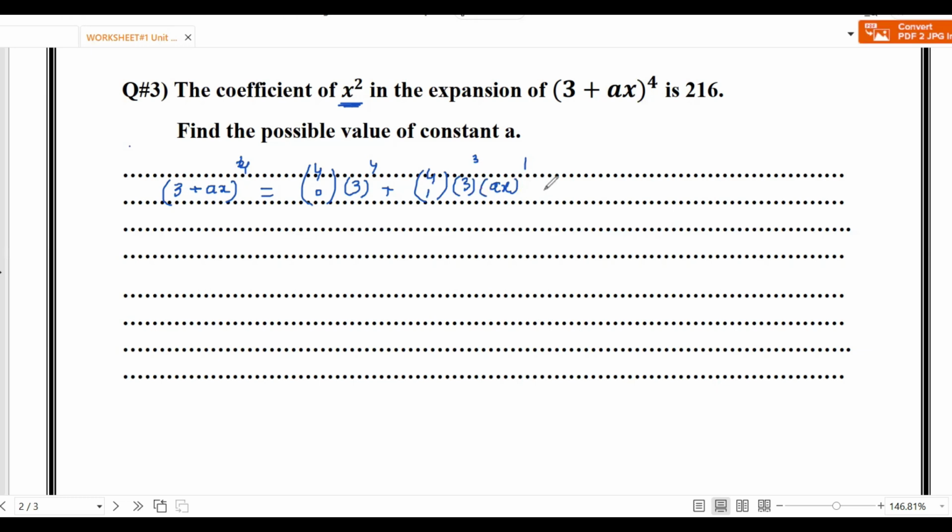times ax to the power 1. As we are looking for the x squared coefficient, one more term, 4C2 times 3 squared times (ax) squared. So this will work for us.